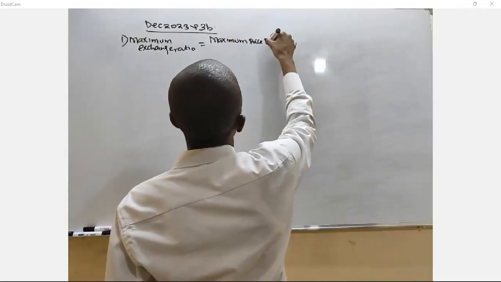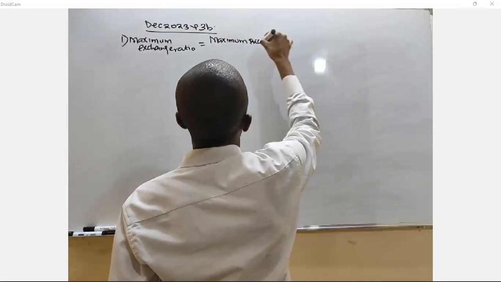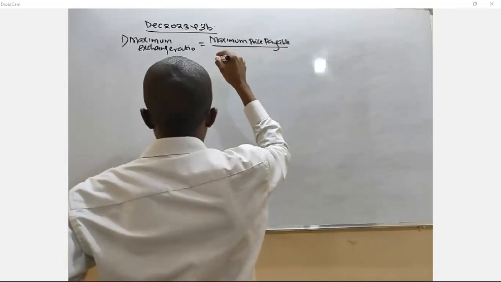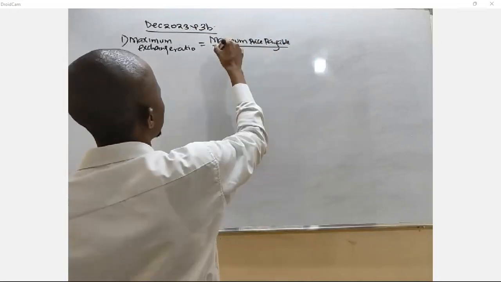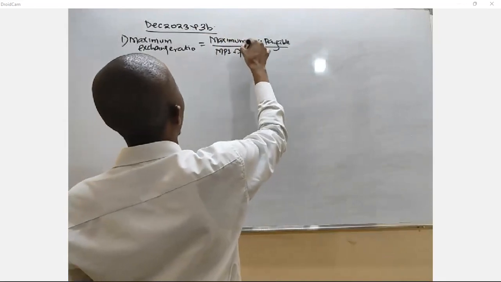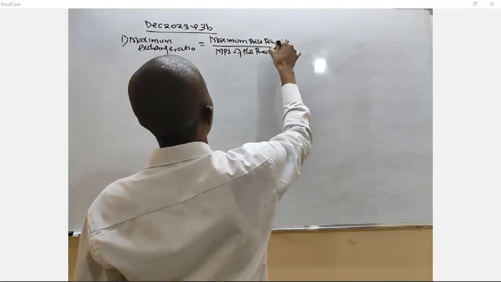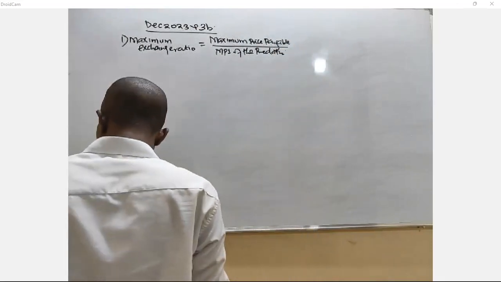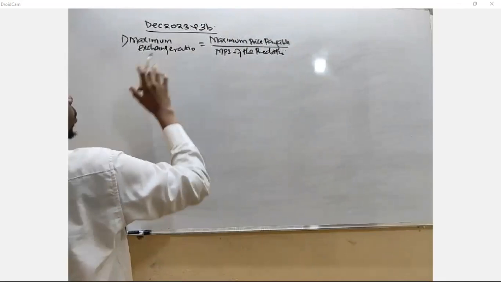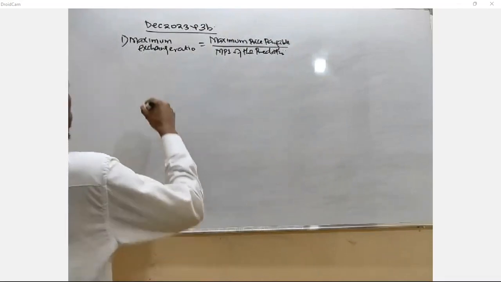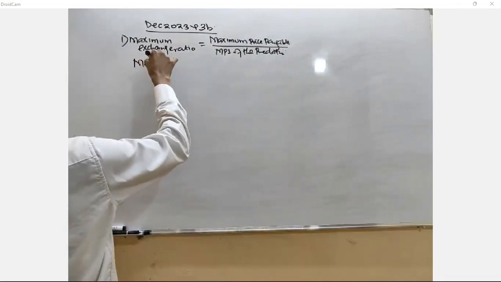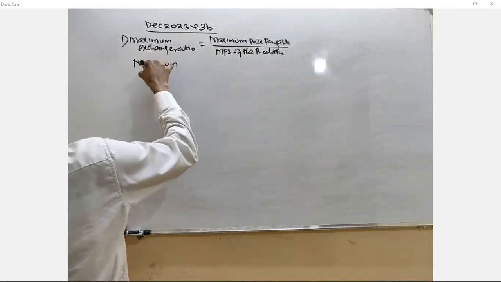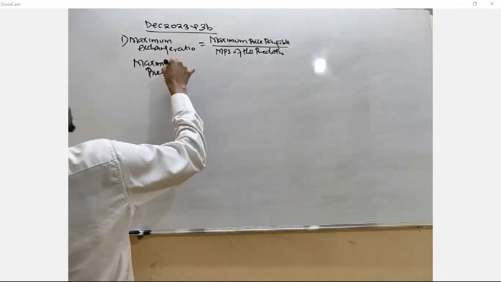price payable, you divide it by the market price per share of the predator. Then you come down here and say, the examiner has not given me the maximum price payable.